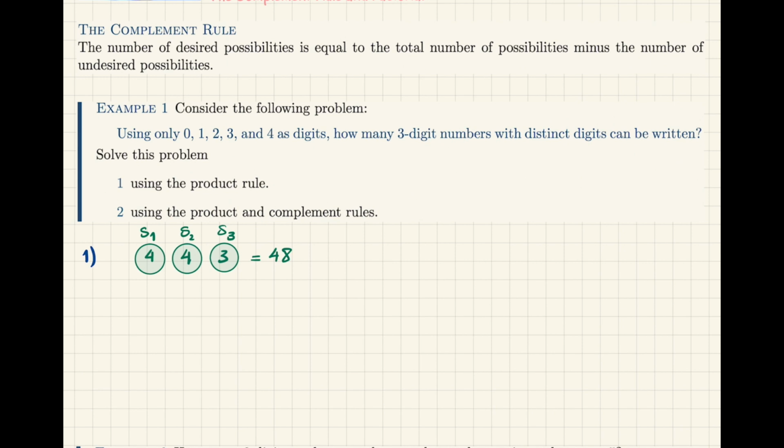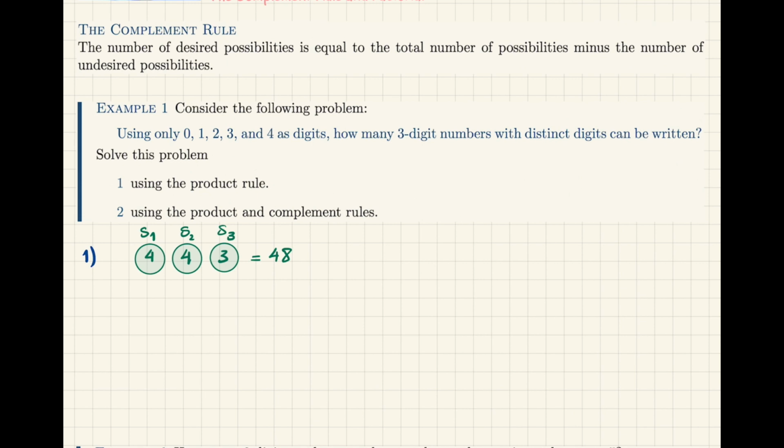But to understand the idea behind the complement rule, let me also solve this problem using the complement rule. Okay? So with the complement rule, I would say that I will start counting all possible codes, not numbers, that I can write with these digits without repetition.